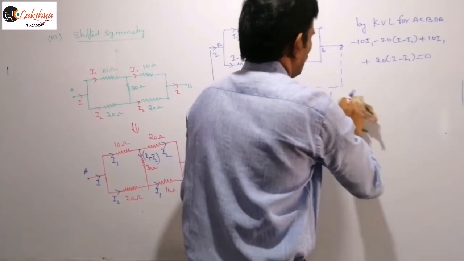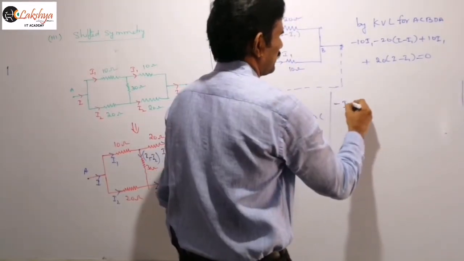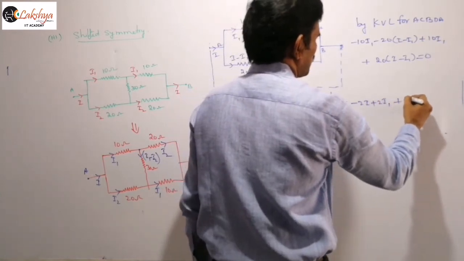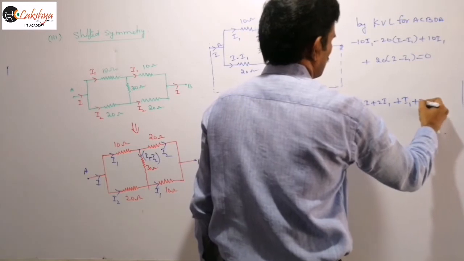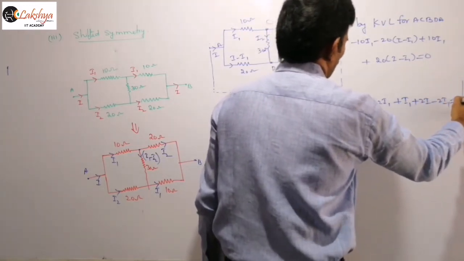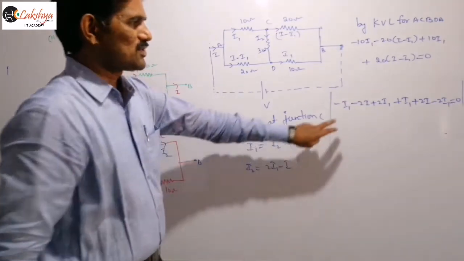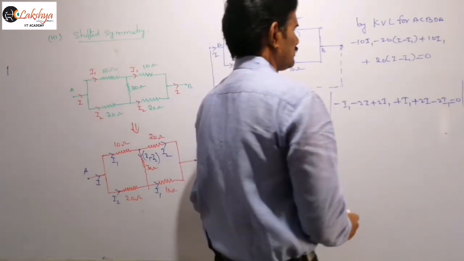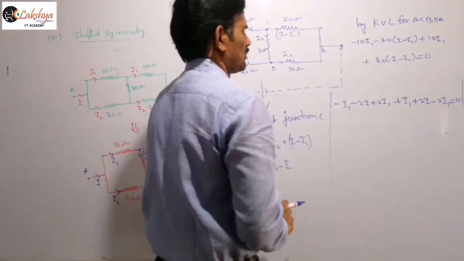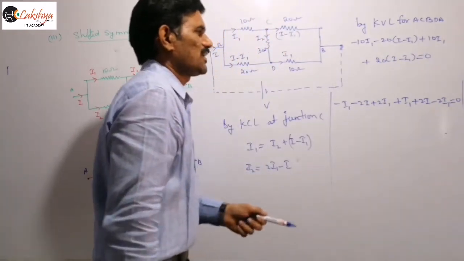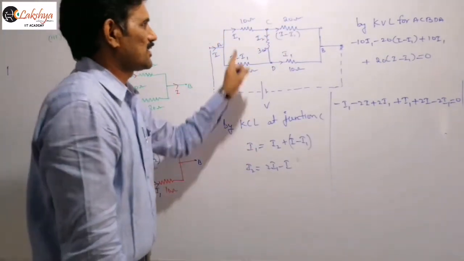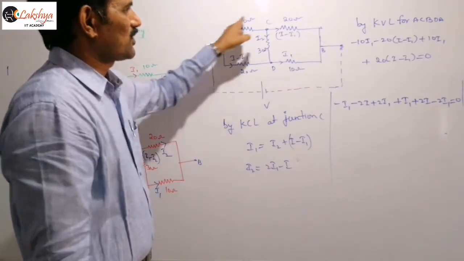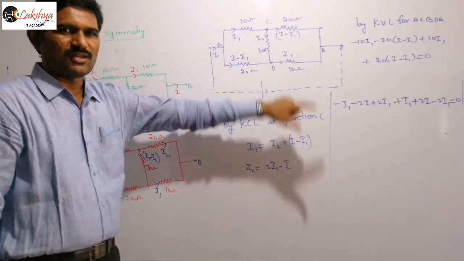So I can write this as minus I1 minus 2I plus 2I1 plus I1 plus 2I minus 2I1 is equal to 0. Now let us see the I1 terms: plus 2I1 and minus 2I1. If you take it like this, all the terms get cancelled, because the total potential is 0 and that variable gets cancelled here.